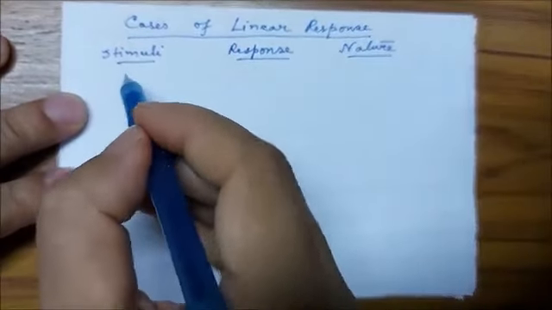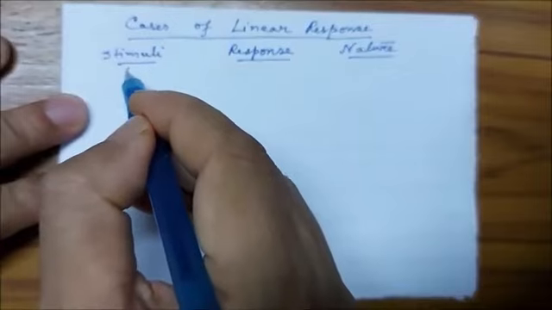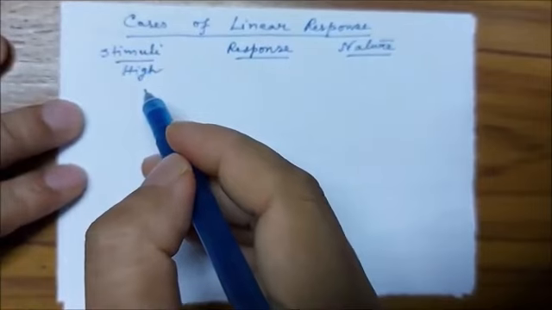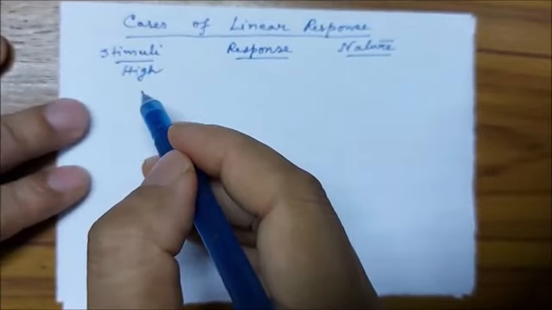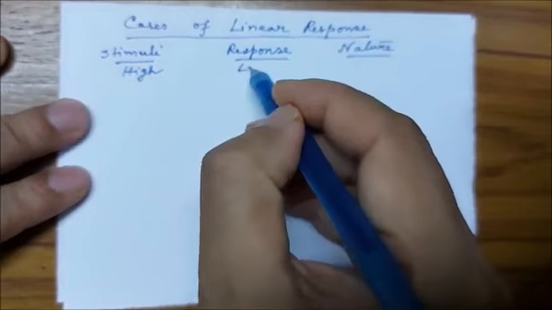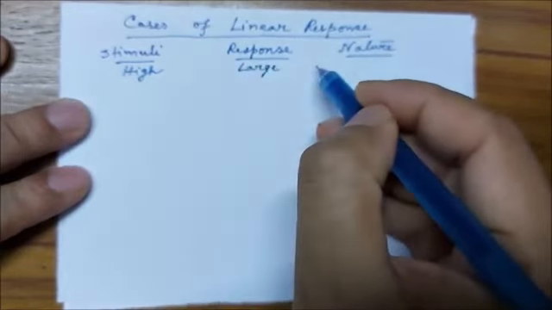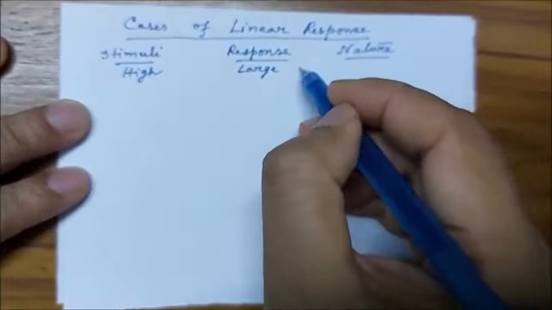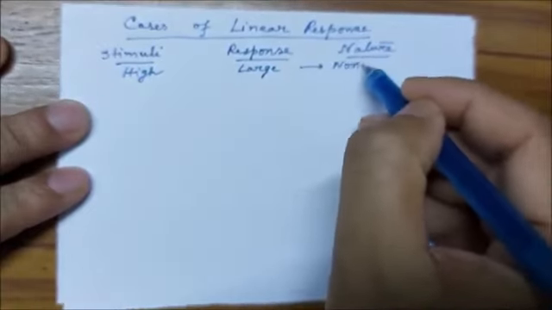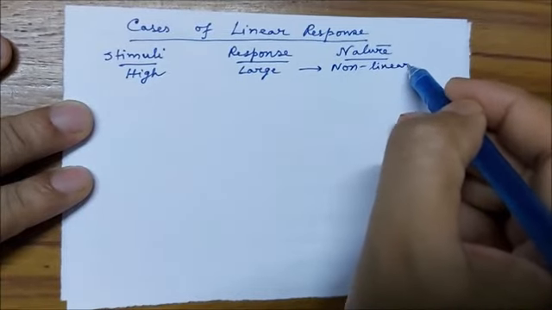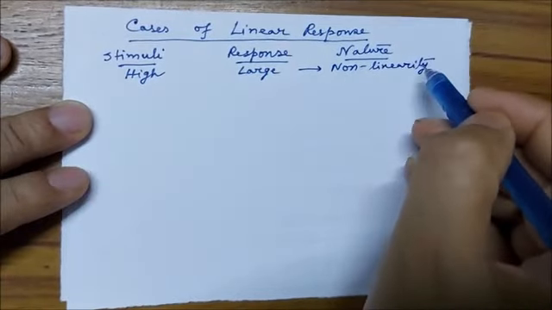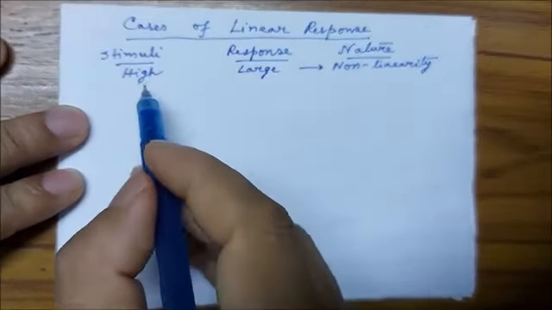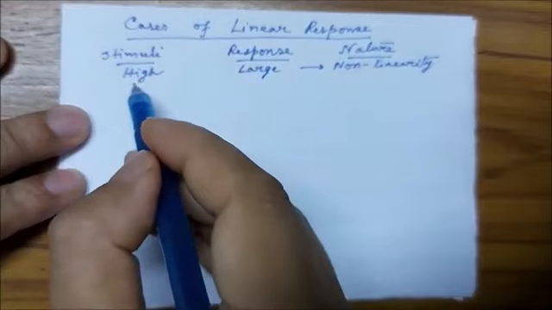The general rule is that if the stimulus is high, that is, if we hit a system, if we push a system mercilessly, then the response will be large and the system will behave in a non-linear fashion. So non-linearity is induced in the system if the stimulus or the disturbance is very large.